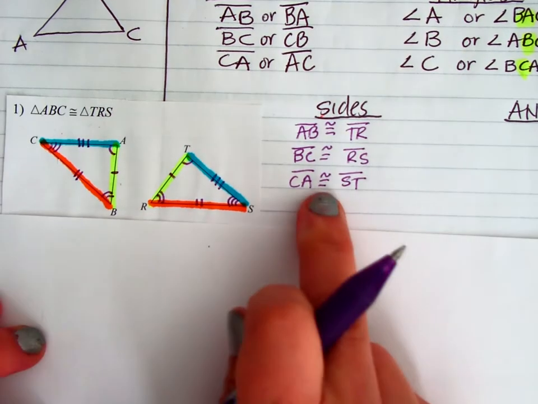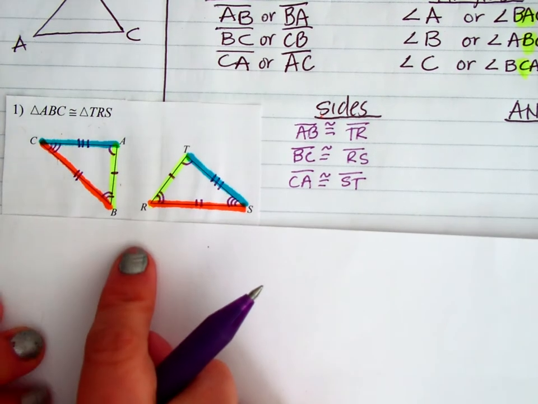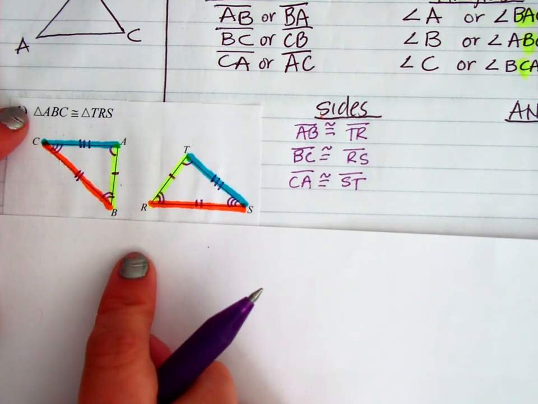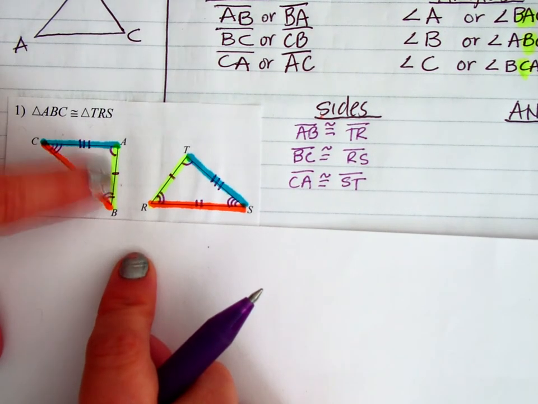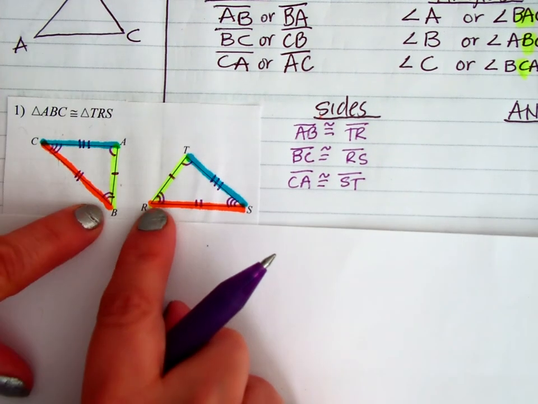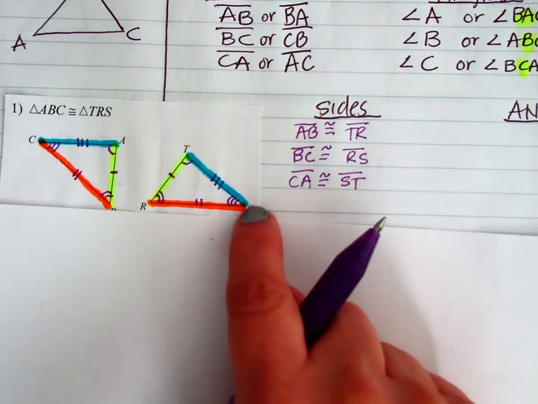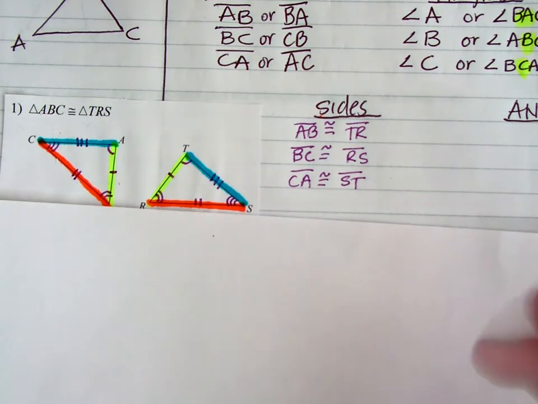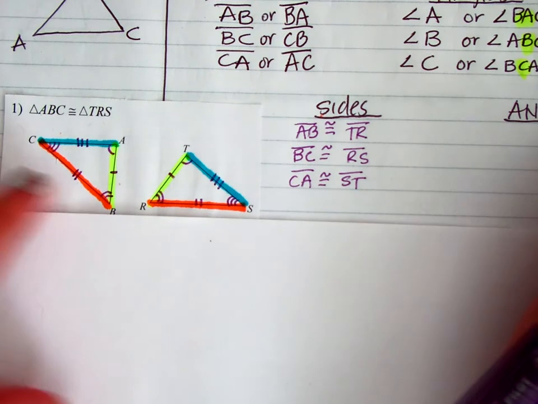Now you can verify this information with your triangle. Remember, we're going A, B, C. The one that has 1 mark, TR, then it's RS, and then it's ST. Now we're going to do the angles. We're going to do the same thing.